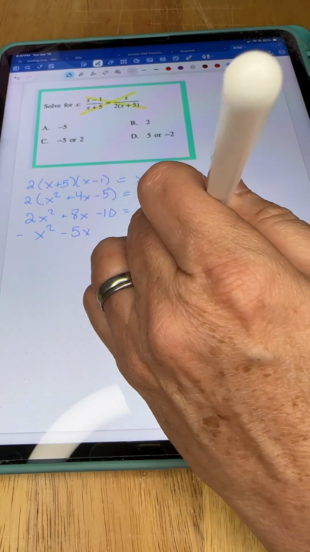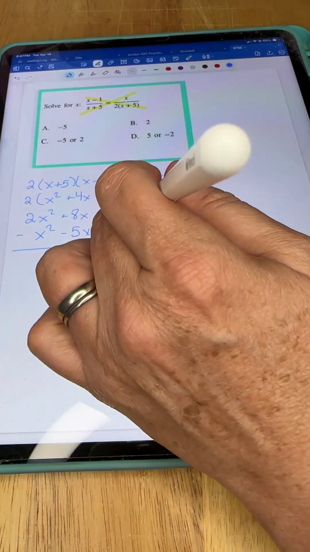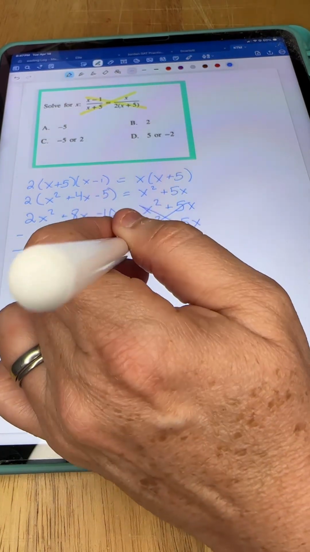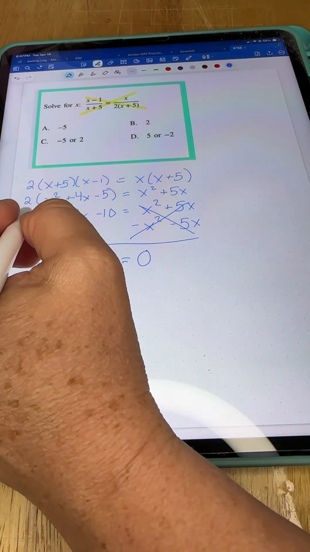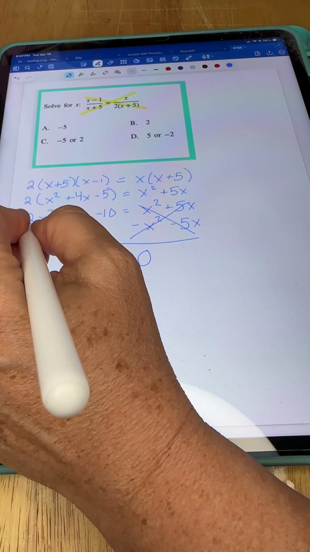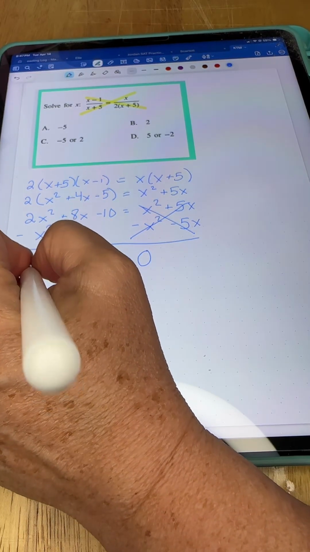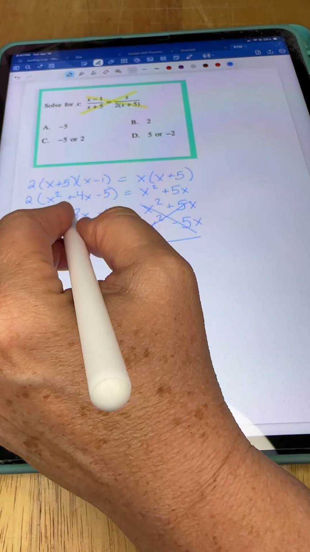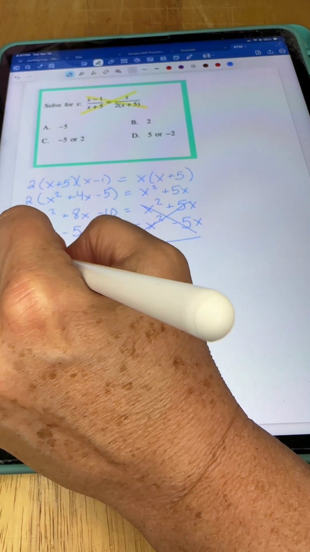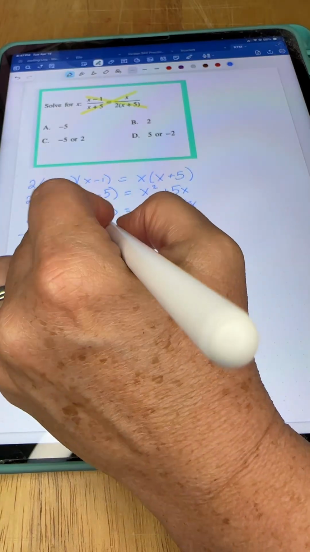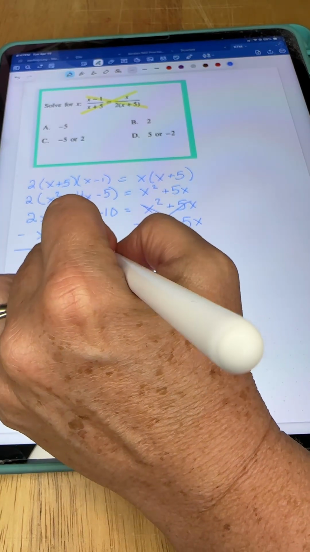X's have to be subtracted together. This is going to cancel out, giving me 0. Everything canceled out, so I have 0. 2x squared minus 1x squared is x squared. 8 minus 5 is positive 3x, and then negative 10, there's nothing changing with that, so I have negative 10.